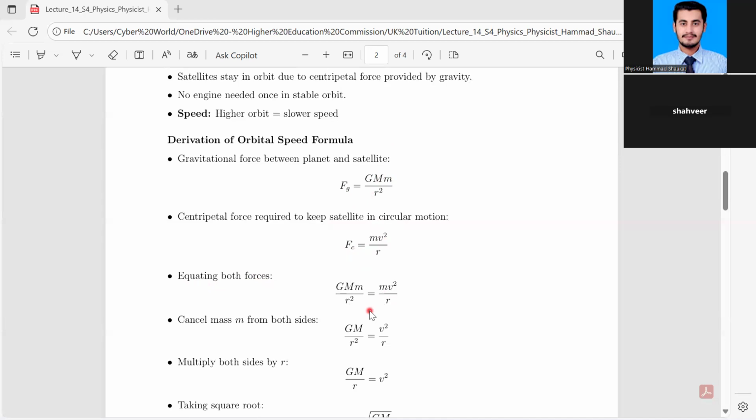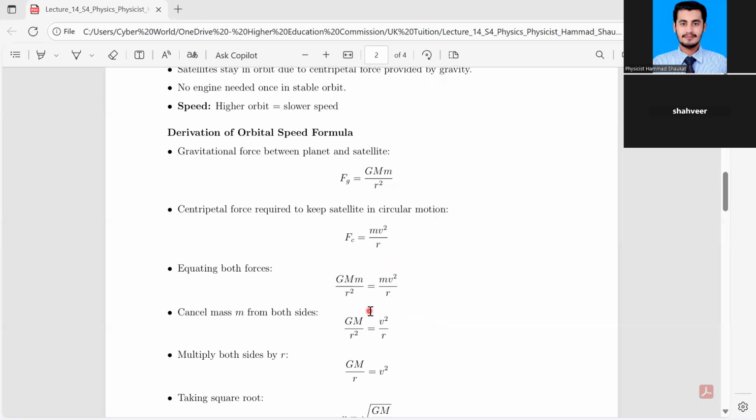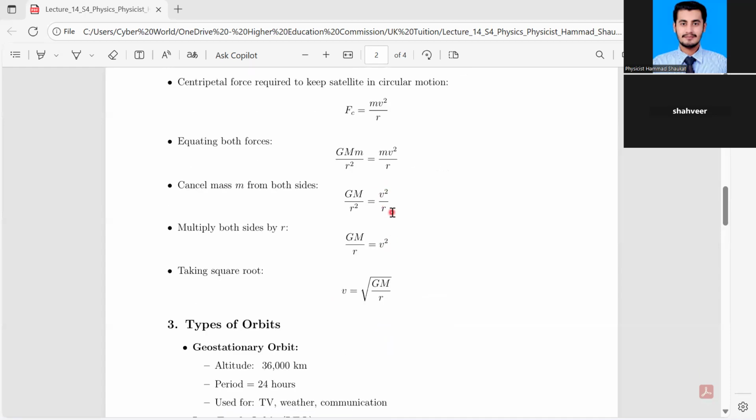So any cancellation here? The small m cancels. So this cancels with this, and you will be left with this. Okay, now we are resolving our equation for v, but here you can see the r is extra.